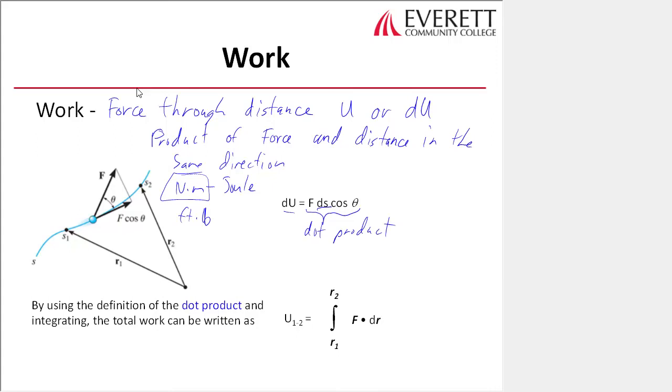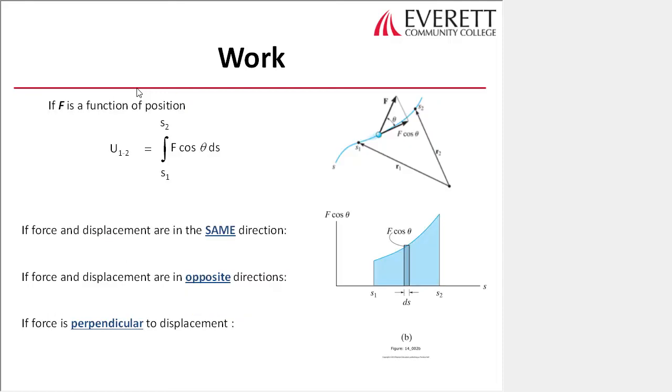If we change that around and say dU equals F cosine theta ds, and we take the integral of both sides, that's going to give us the work from 1 to 2, or U2 minus U1, equal to the integral from the initial position to the final position of F dotted with dr. The dot product is going to give us that cosine. Okay, if F is a function of position, we have this equation to use. You notice there's a bunch of s's in it.